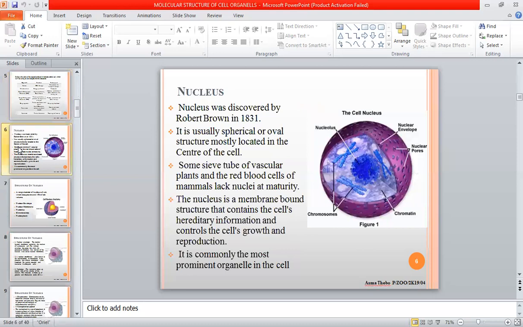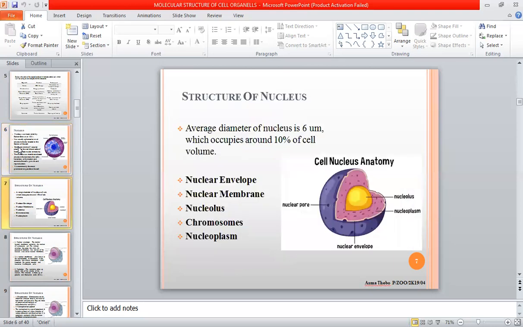First, the nucleus. The nucleus was discovered by Robert Brown in 1831. It usually has different shapes like spherical, oval, and sometimes rod-like. The nucleus is absent in a few cells like red blood cells and some plant cells. The nucleus is a completely membrane-bound organelle which has hereditary material in the form of chromosomes.